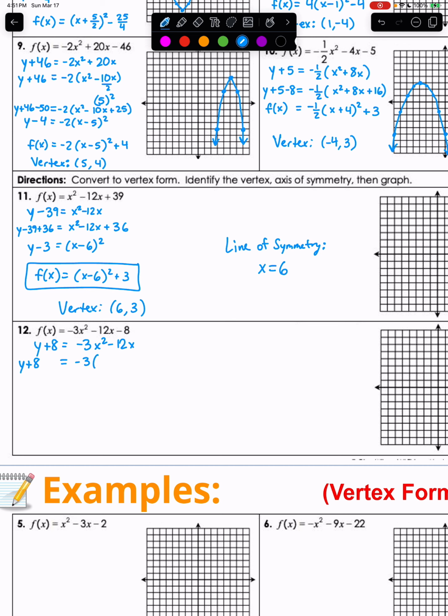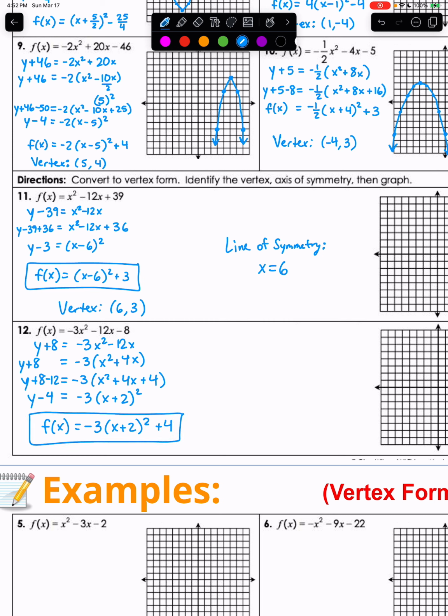What do I got? Factor out a 3. Alright, y plus 8. It's 4, right? So minus 12. This completing the square, by the way, it's not going to go away. When we get to our conic sections unit, which is actually the same unit, towards the end of this unit, we will end up doing complete the square as well.